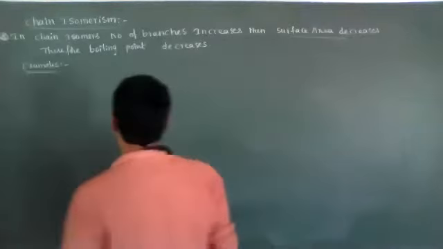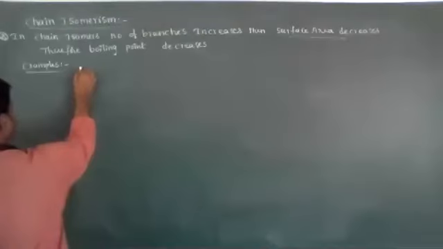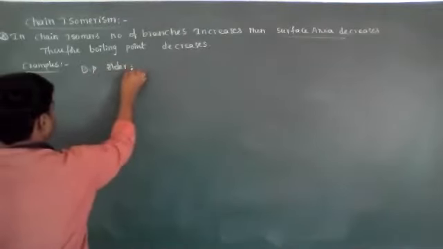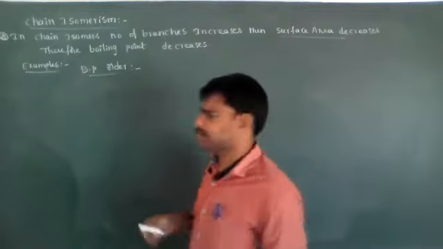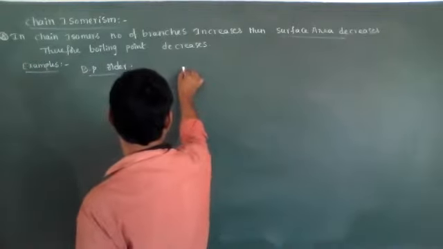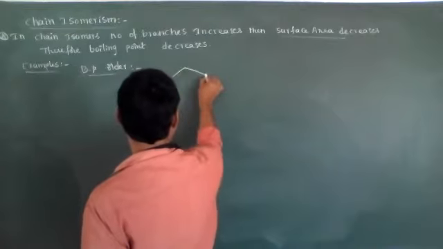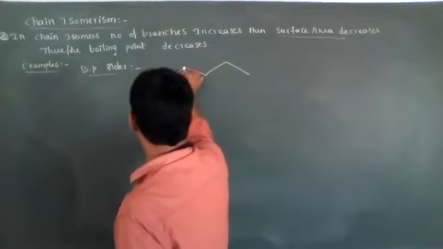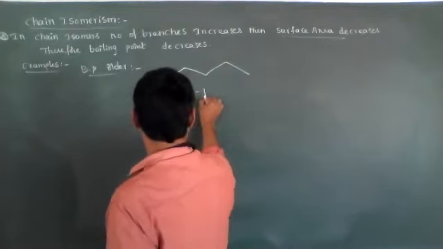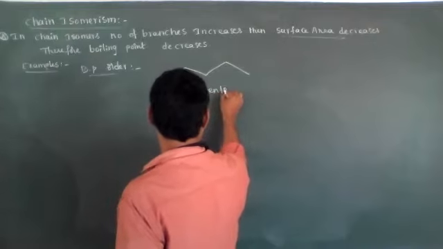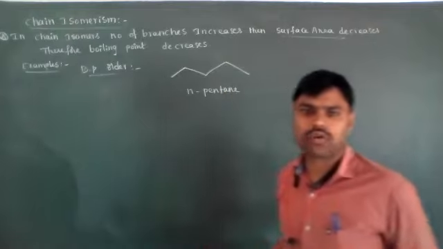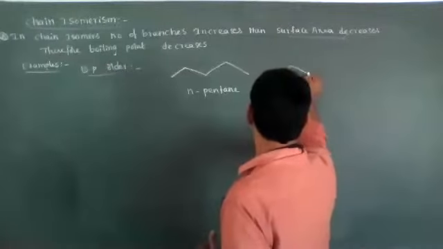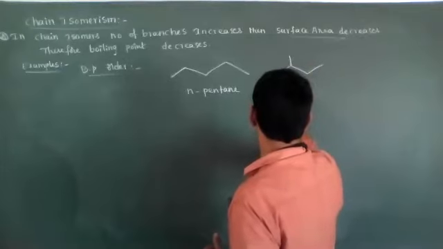Let me give you examples. Boiling point order. 1, 2, 3, 4, 5 carbons. What is this name? n-pentane, there are no branches. That's why surface area is more. This is isopentane.